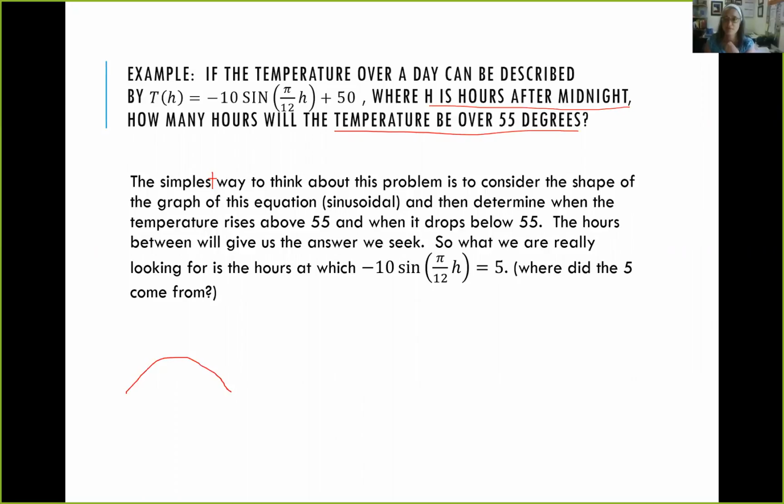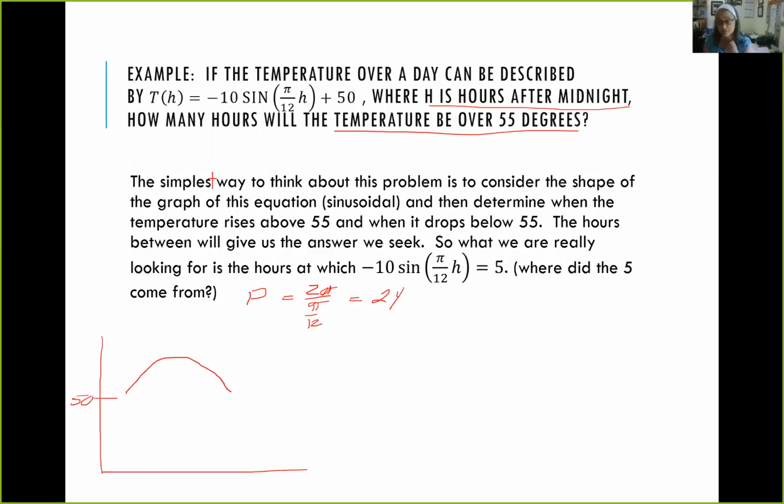Well, we've got a vertical shift that says that our minimum is at 50, right? We've got a change in period that says that our period is going to be 2 pi divided by pi over 12. So our period is 24 hours. Well, that makes sense.